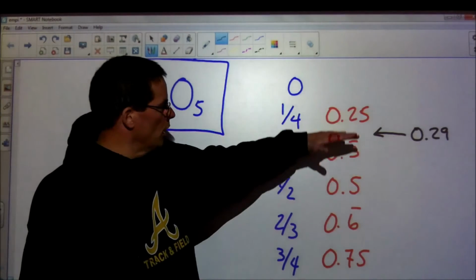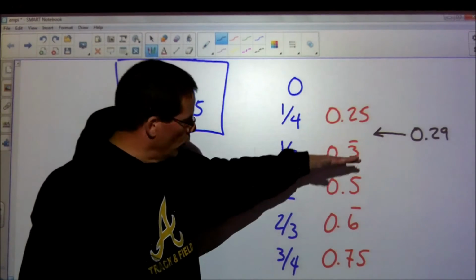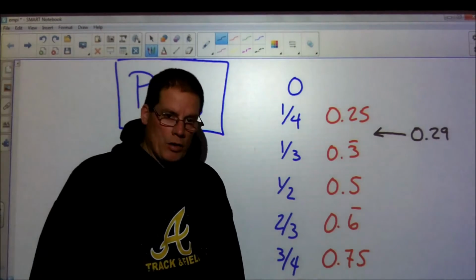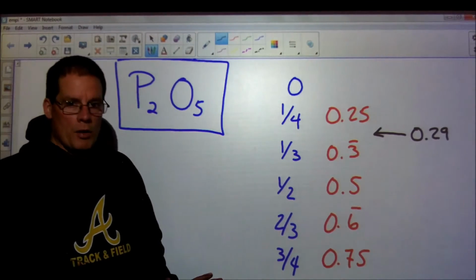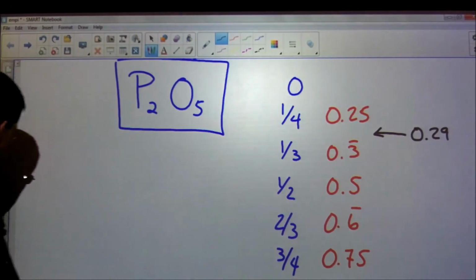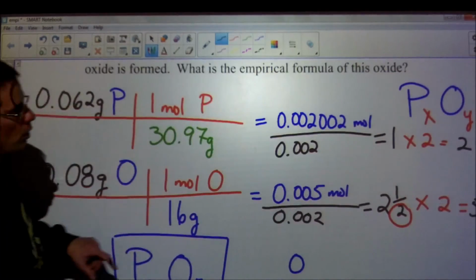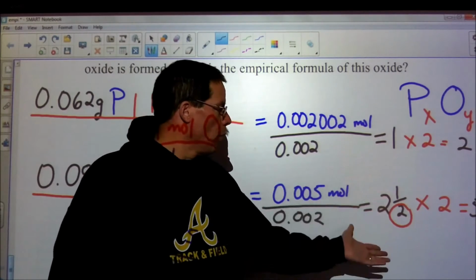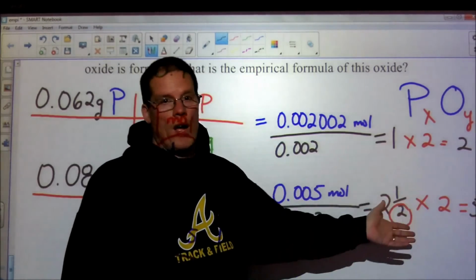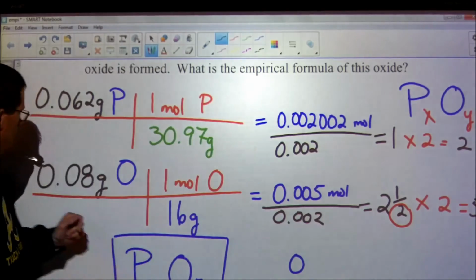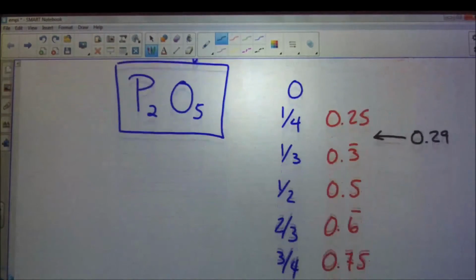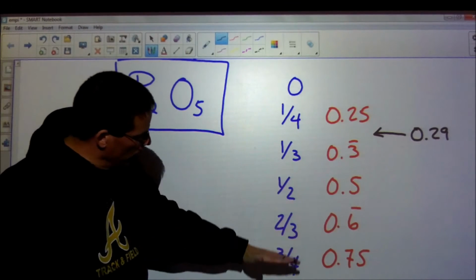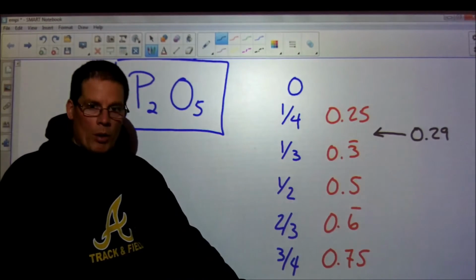You should get something really close to one of these decimal benchmarks when doing your mole fractions. Don't round too much. Don't go, 2.5, I'll just round that up to 3. Then we'd have a 1-to-3 ratio versus a 2-to-5, which is extremely different. So be careful. These are the benchmarks we're looking for when working out empirical and molecular formulas.